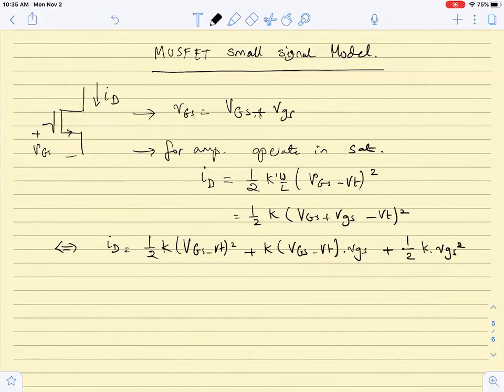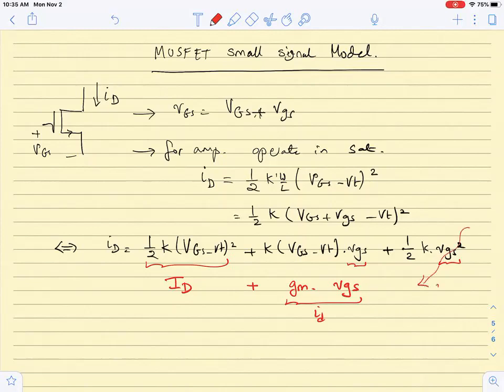This first term is DC, the second is small signal, and the third is also small signal. So this is ID DC, plus some constant, which we will call gm, times vgs, which is the ID small signal.